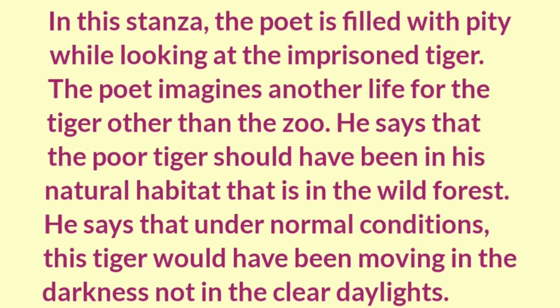The poet imagines another life for the tiger other than the zoo. He says that the poor tiger should have been in his natural habitat, that is, in the wild forest. He says that under normal conditions, this tiger would have been moving in the darkness, not in the clear daylight.